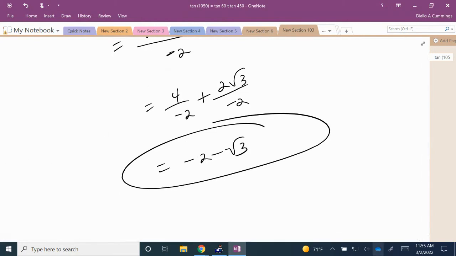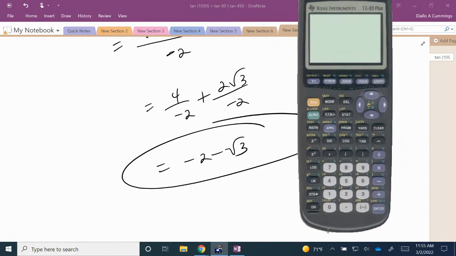Okay, so let's check this with the calculator. All right, so we had, just make sure that I'm in radian mode. Well, since I'm in degree, I'll use degree.